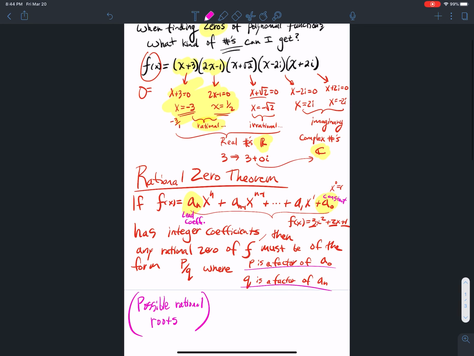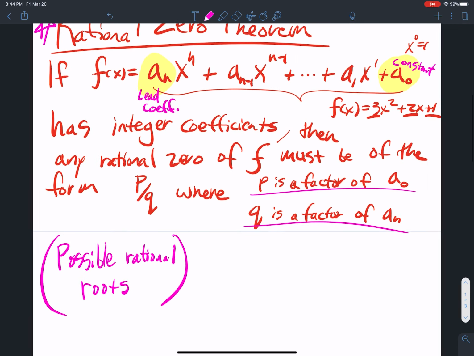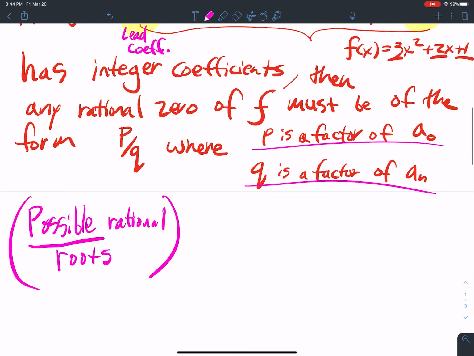Rational roots, once again, are the only ones that are rational. You've got other types of roots out there, but we are only focused on rational roots. This is a list of possible roots. It doesn't say that every one of these is a root. It just says that these are possible candidates. Every one of them could be not a root.